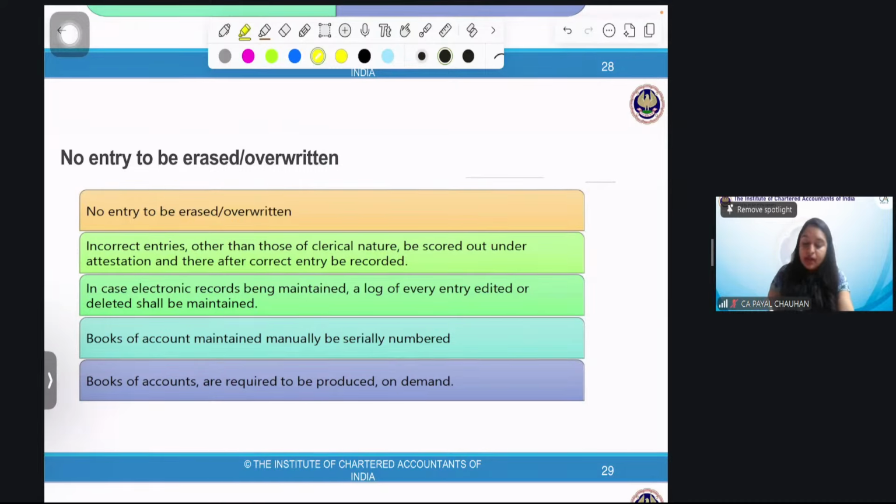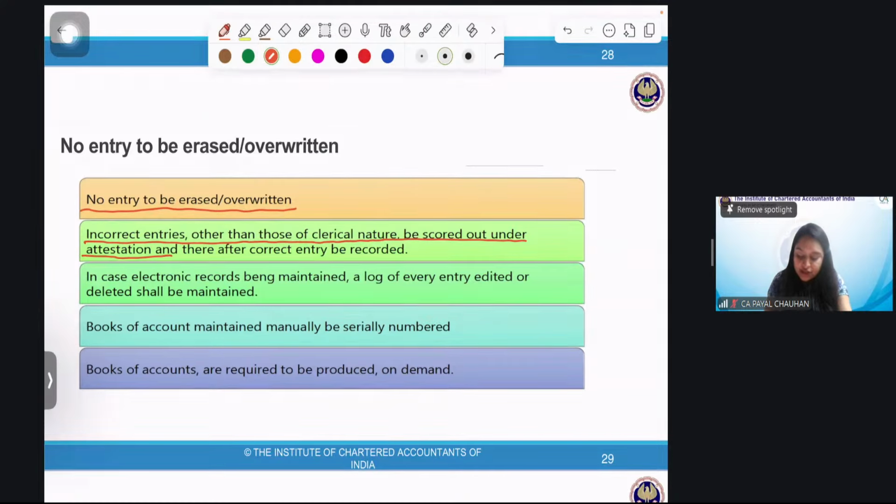Very true. Now, if we are using electronic accounting, then no entry should be erased or overwritten. But of course, an incorrect entry, other than those of a clerical nature, may be scored out under attestation, and thereafter the correct entry will be recorded. Usually, when our client makes a wrong invoice, they have to mention cancel and attach the original wrong invoice also, so that we can say there was a clerical error while preparing the data.